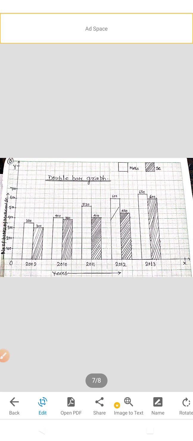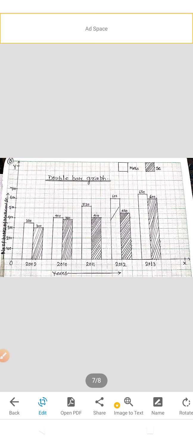In 2009, 350 mathematics books and 300 science books were purchased. So represent it. The blank rectangle indicates the number of mathematics books, and shaded rectangles represent the science books.